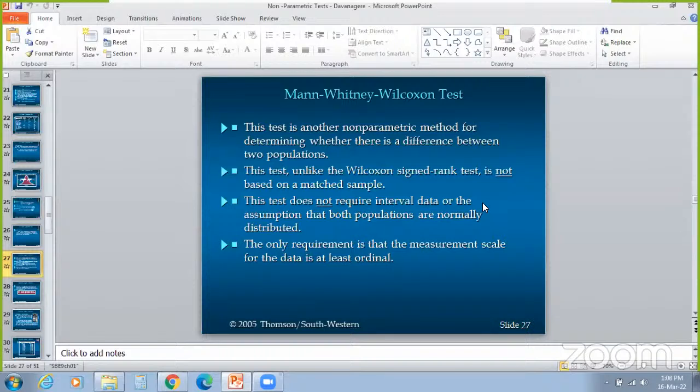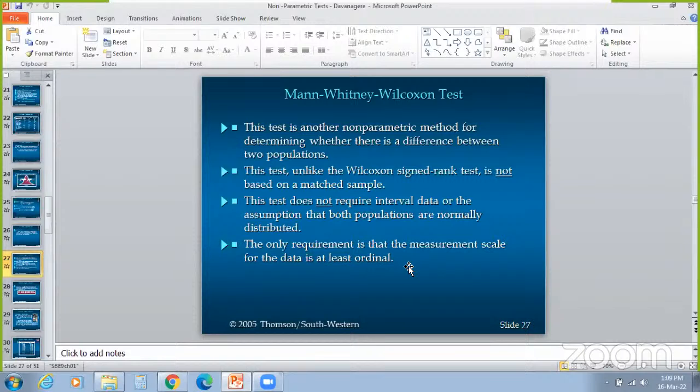The Mann-Whitney-Wilcoxon test is used for the difference between two independent populations. It does not require interval data or the assumption that both populations are normally distributed. The only requirement is that the measurement scale is at least ordinal.